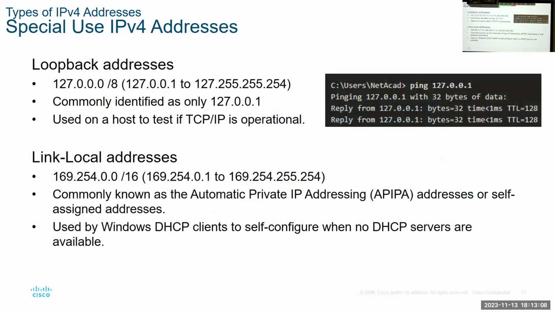Loopback address is reserved, as you know. And then there's one other range of addresses that's reserved, and that's the APIPA. That's used when a device is trying to get a DHCP assigned address and there's no DHCP server listening, so it will self-assign an APIPA address.